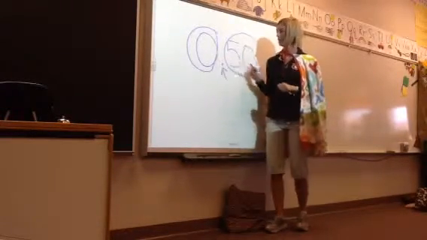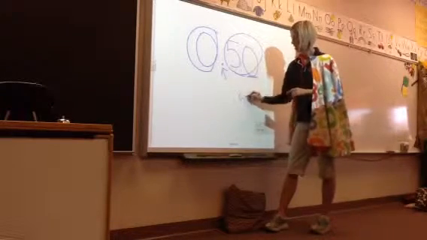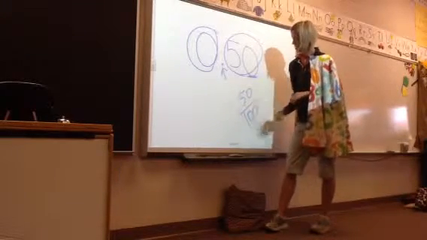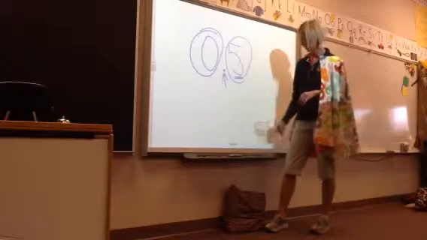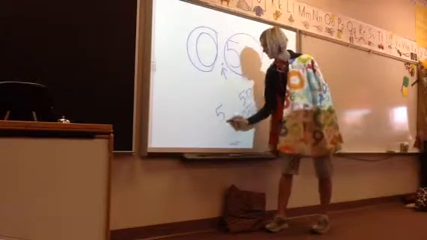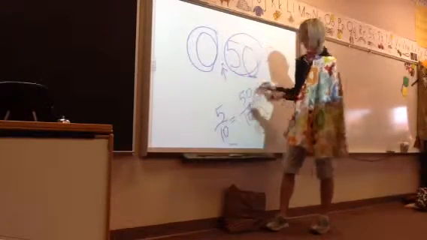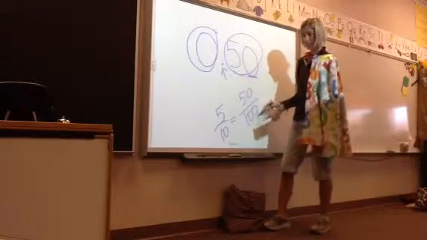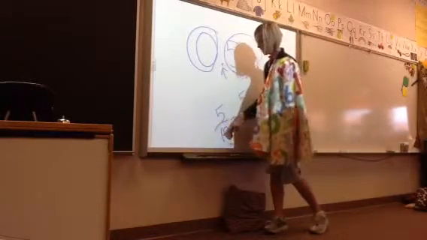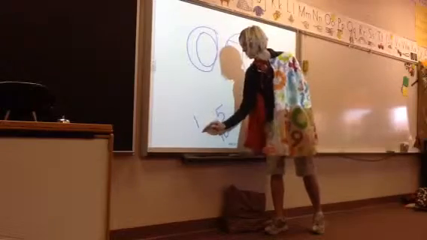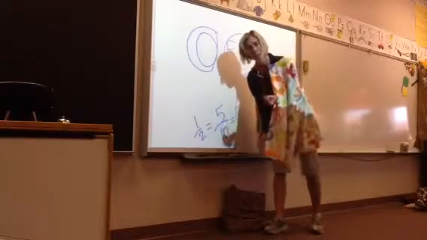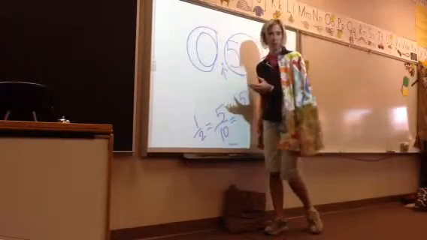Okay, and this right here, 50 hundredths, is actually equivalent to this one here, 5 tenths. Because 50 out of 100 is half, and 5 out of 10 is half. They both represent the same quantity, but they're written differently.